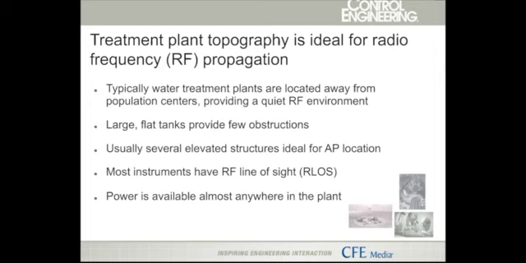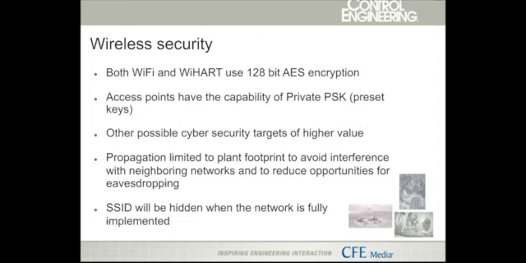So you couldn't ask for a better setup for placing wireless APs and wireless instruments at field locations. Most of the instruments will have an RF line of sight with a properly placed AP. And power for the instruments and for the APs is usually available mostly anywhere using lighting or utility circuits.